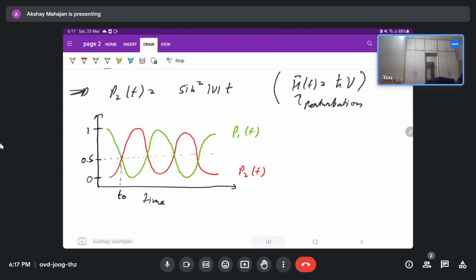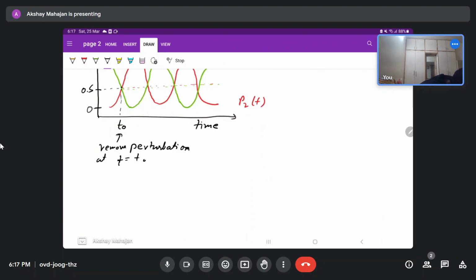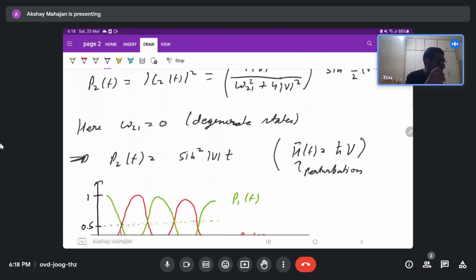So as soon as we remove the perturbation, both of them will be constant. Okay, so at t equals t naught, we have to remove the perturbation.